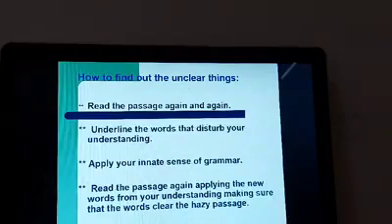And again, read the passage again and again, applying the new words, applying the new pronoun from your own understanding, making sure that the pronoun, of course, clears the hazy passages and helps your communication correctly. That is all about grammatical rules.